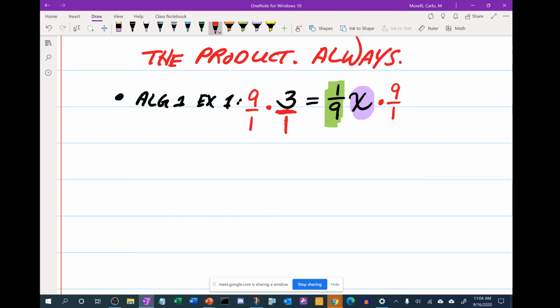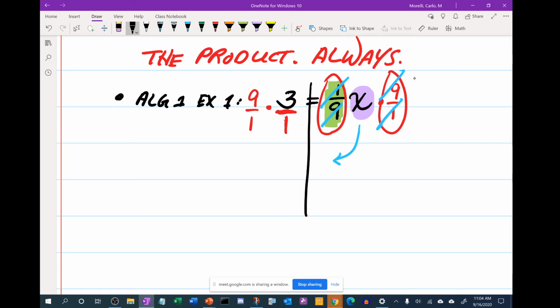Let's work on the right side first. Do I have a number multiplied by its reciprocal? What does it equal? 1. The way we show that mathematically is we just go cancel, cancel, cancel, cancel. Everything cancels, and then this x just comes out. That's all that's left. And so we put x over here equals.